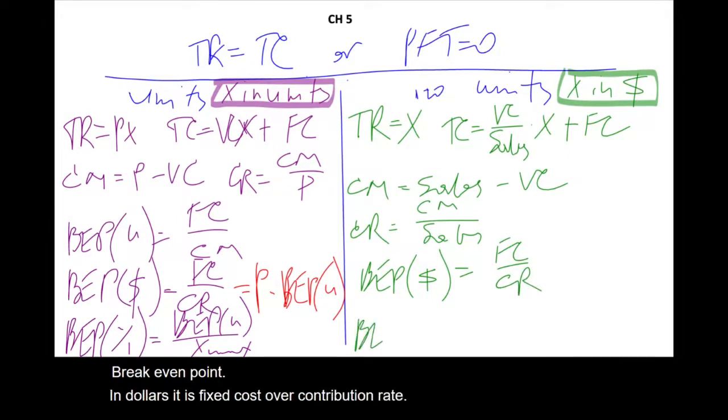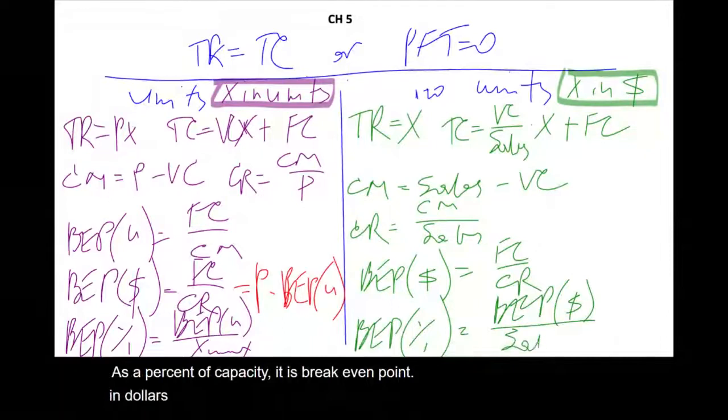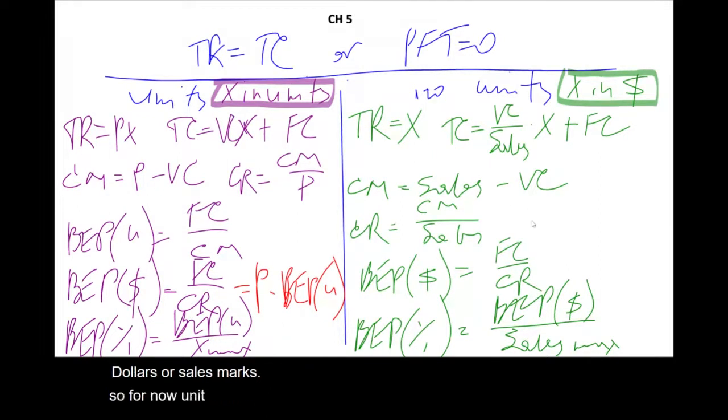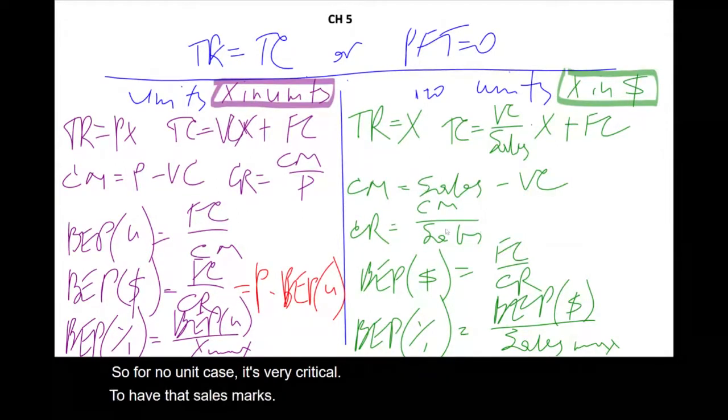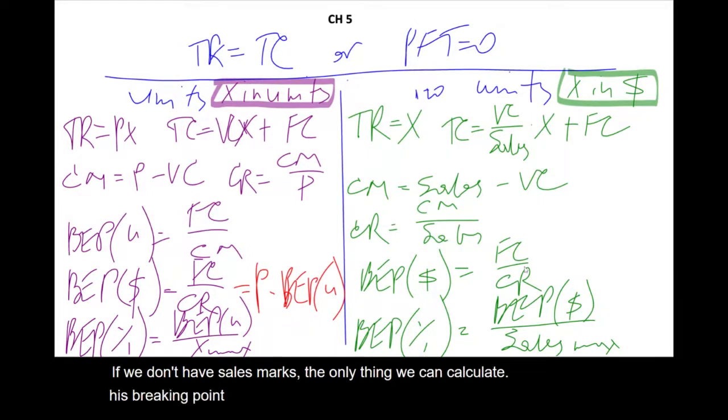And break-even point as a percent of capacity is break-even point in dollars over sales max. So for the no units case, it's very critical to have that sales max. If we don't have sales max, the only thing we can calculate is break-even point in dollars. That's it. Nothing else.